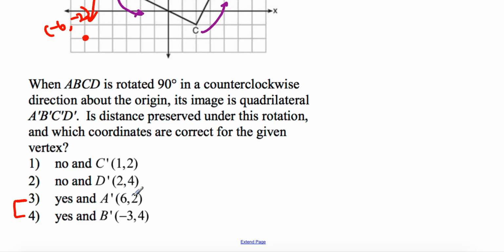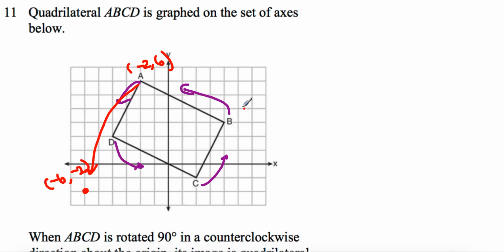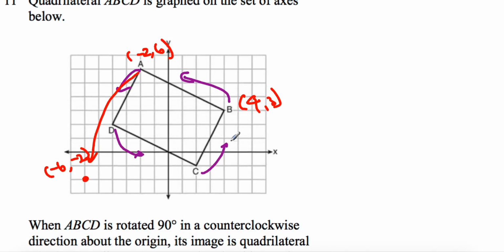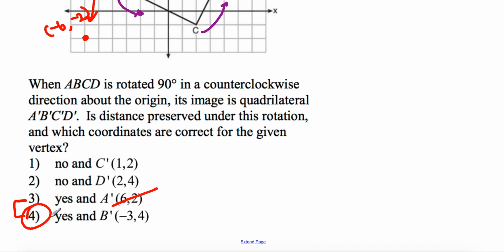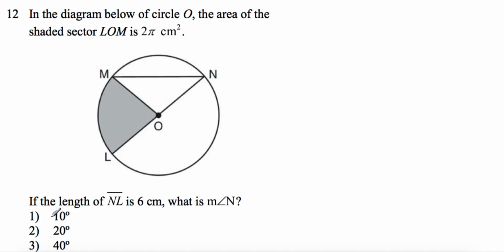A was 6, 6, 2, so that's out. Yes, B prime is -3, 4. So right now, B is 4, 3. When you rotate it, it becomes -3 and then 4. So the fourth one seems to be the correct answer. All right, let's move on to number 12. In the diagram below of circle O, the area of the shaded sector is 2 pi.